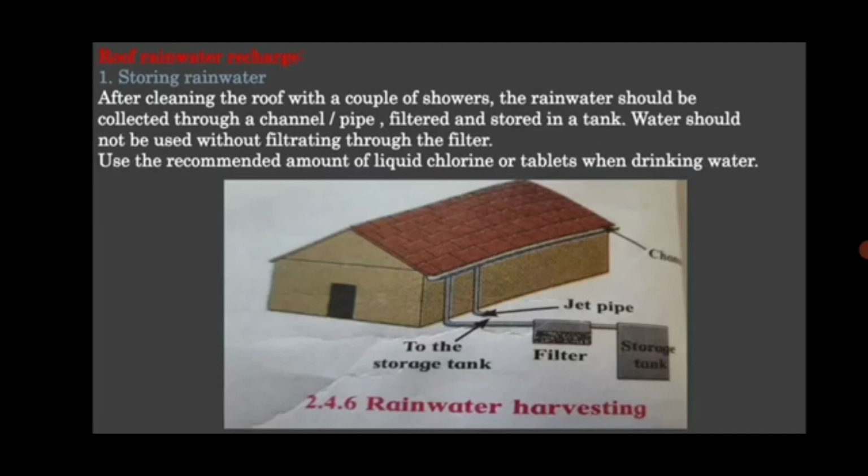A special type of filter is used for this. Water should not be used without filtering. To disinfect this rainwater, a recommended amount of liquid chlorine or tablets for drinking water are used.